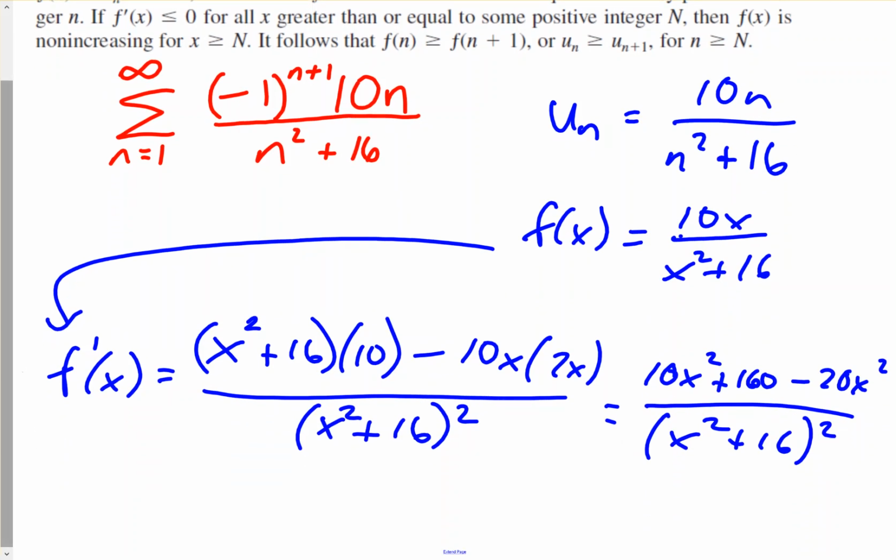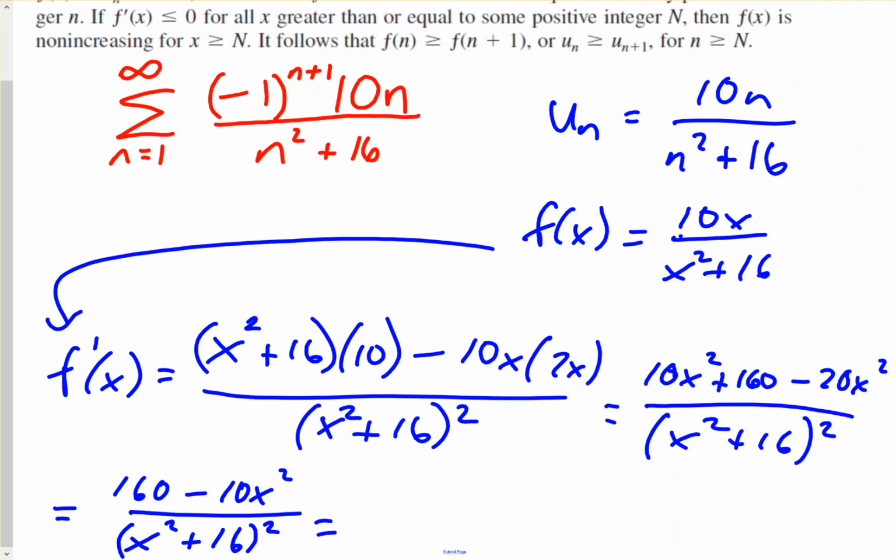I could simplify that a little bit. So it's negative 10, so I have 160 minus 10x squared, which means if I factor out a 10, I would have 10 times 16 minus x squared over x squared plus 16, all squared.